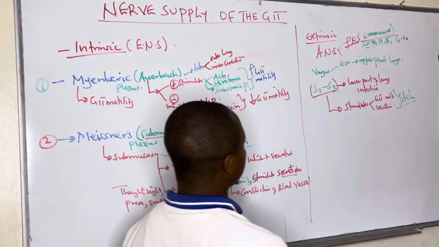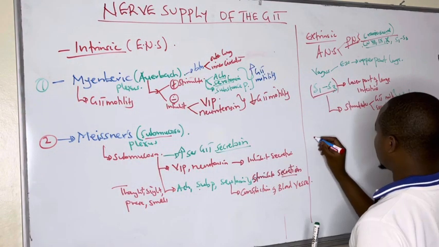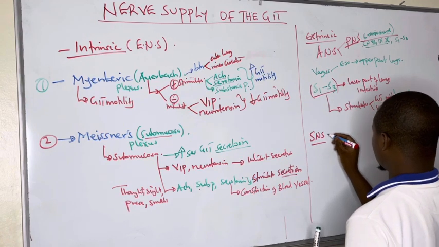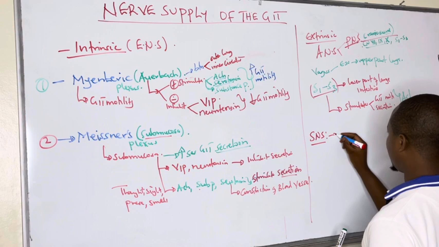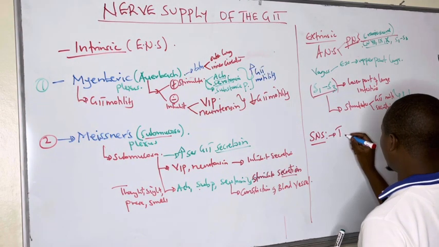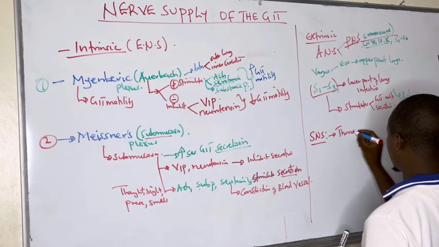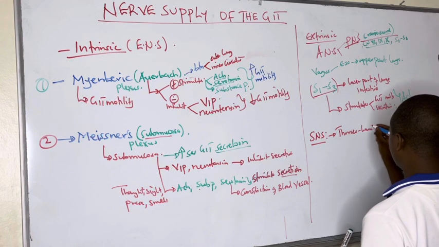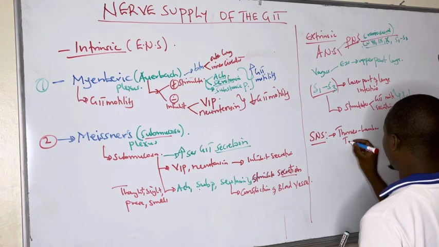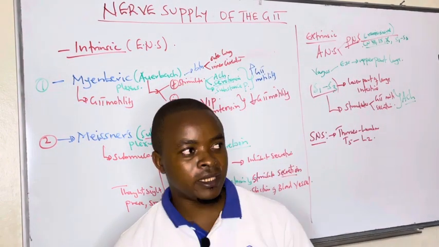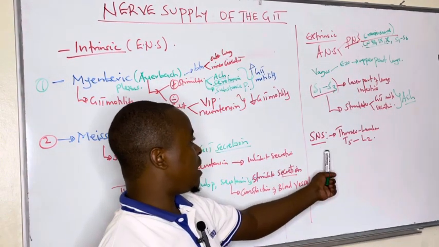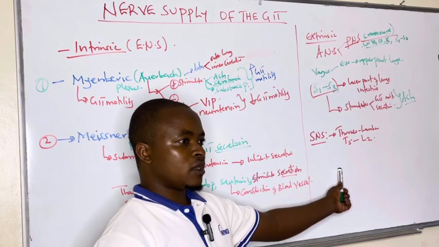And lastly is the sympathetic part of the autonomic nervous system. It is supplied via the thoracolumbar outflow, from T5 up to L2.